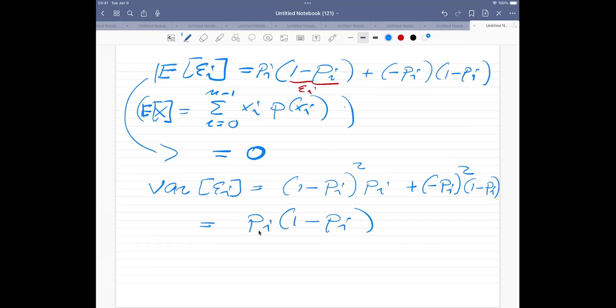But if you've seen this expression before, is there anyone who remembers what kind of distribution has this as a variance? There is a famous distribution for two variables. The binomial. So what we would say then is that epsilon of I, in this case, follows a binomial distribution.